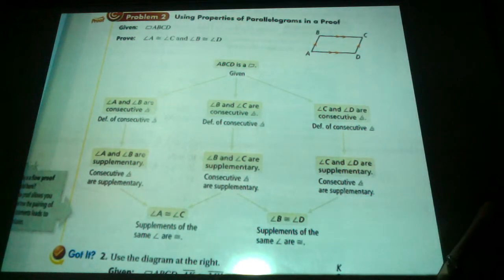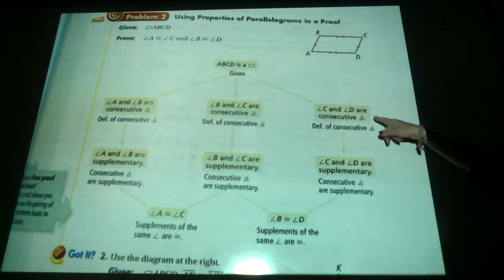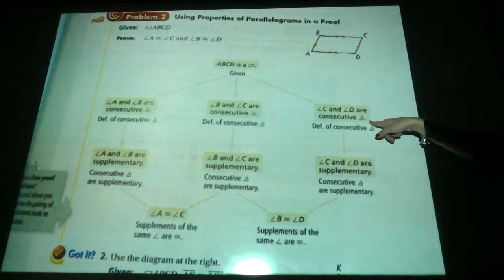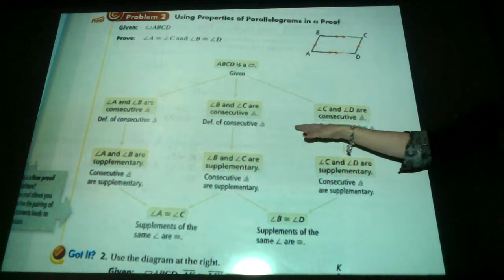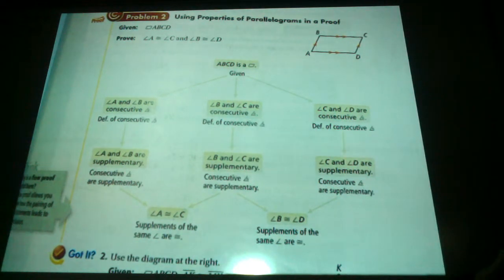They've used a reason saying that it's the definition of consecutive angles. And in addition to that, C and D are consecutive angles. You'll see why they need all 3 here in a minute. And then consecutive angles, by definition, are supplementary, aren't they? And so consecutive angles are supplementary is your reasoning for that.